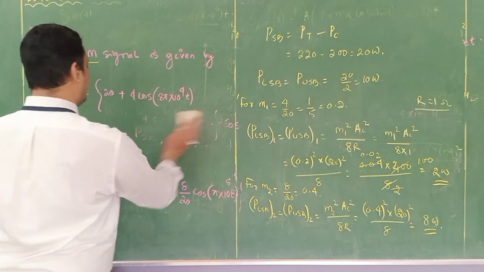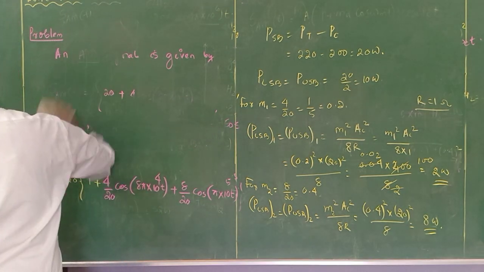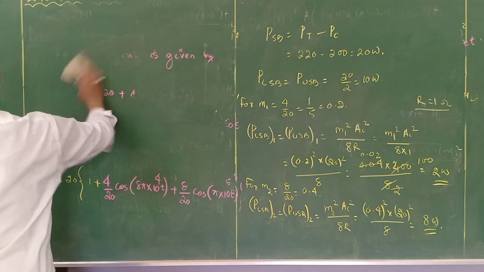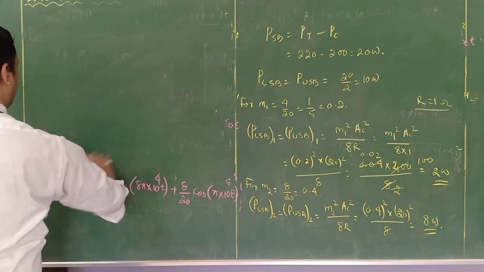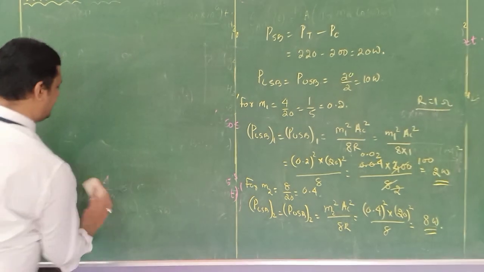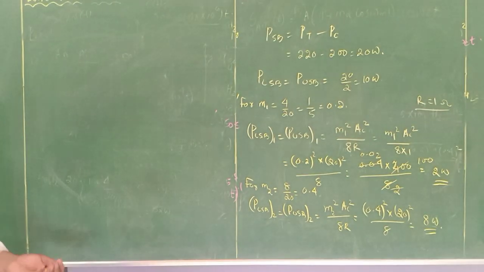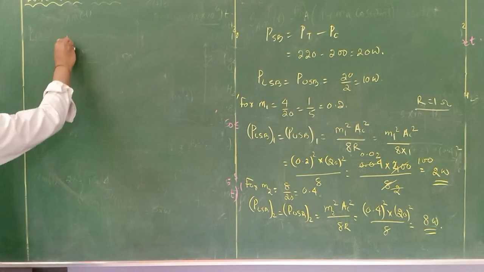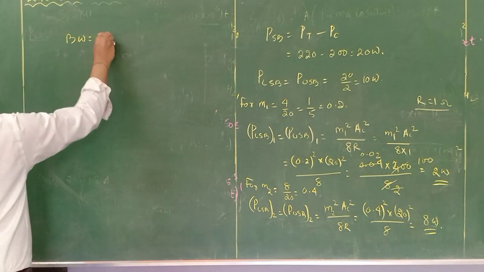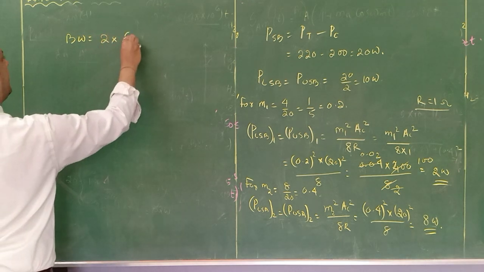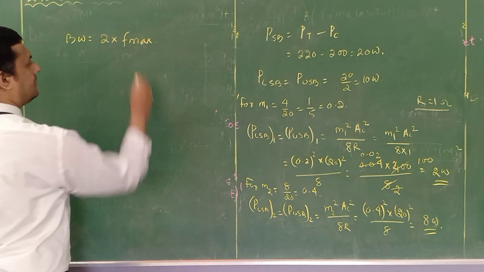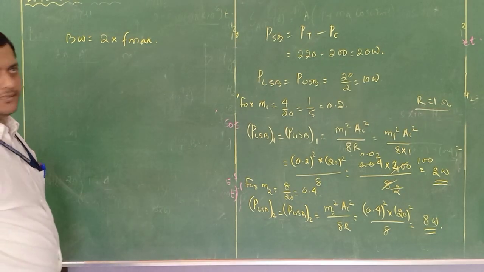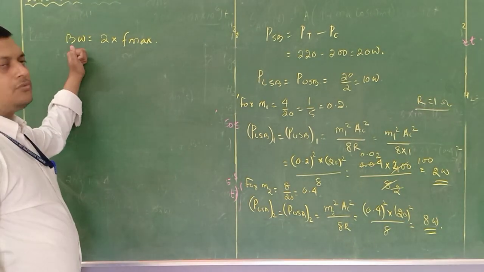Okay. Next, we will identify the bandwidth and the efficiency. So simple. Bandwidth is equal to twice into F max. So there are two frequencies.